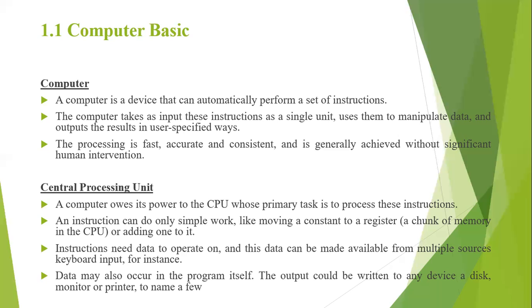Instructions are executed within the CPU. And within the CPU, there are parts like the arithmetic logic unit, control unit, instruction register, PC, memory address register, memory data register, etc.